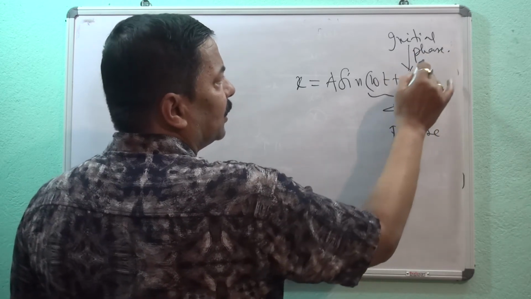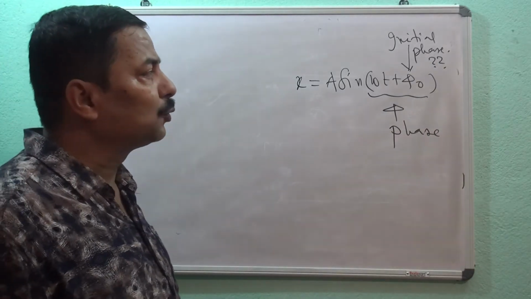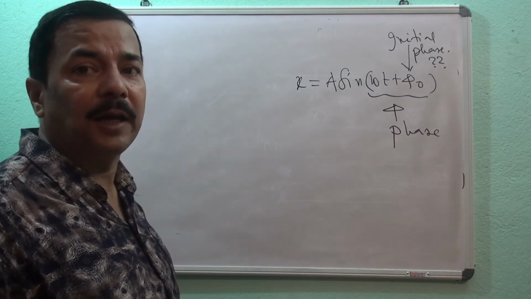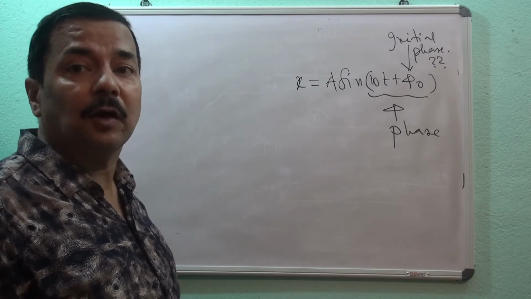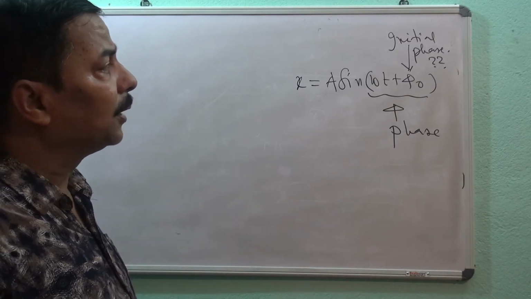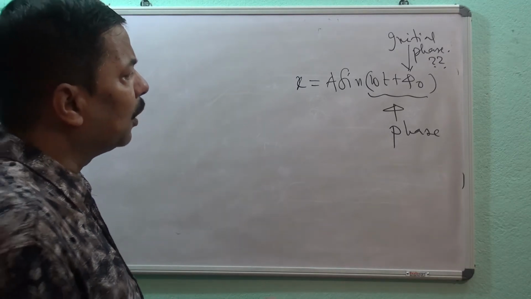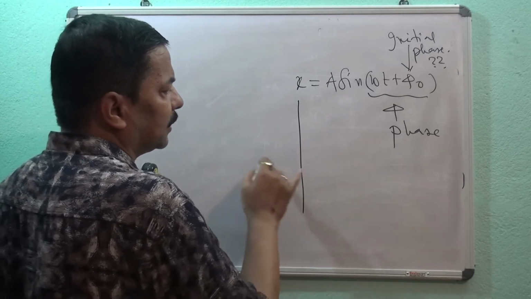My main intention is to calculate the initial phase, because it will be very useful for you in finding the equation of plane progressive harmonic wave, and after discussion I will start the derivation of plane progressive harmonic wave. Now in this situation, first of all you have to take the axis.